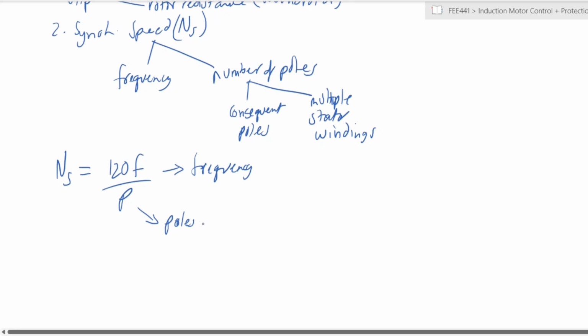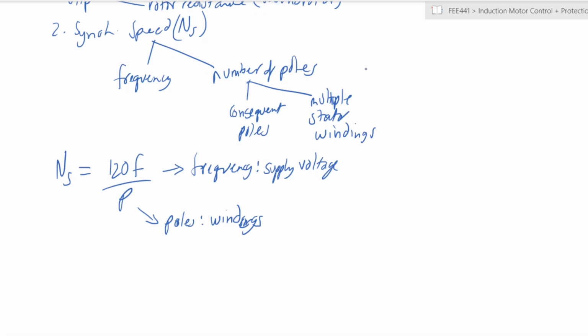Poles depend on the configuration of the stator windings, and the frequency is a characteristic of the supply voltage, or the power supply, let's call it that way. Since we know these two, and we are able to vary the speed purely using these two elements, we can have different means by which we can change the speed.